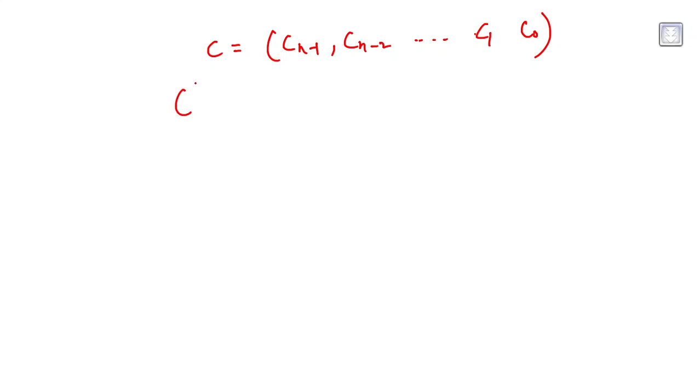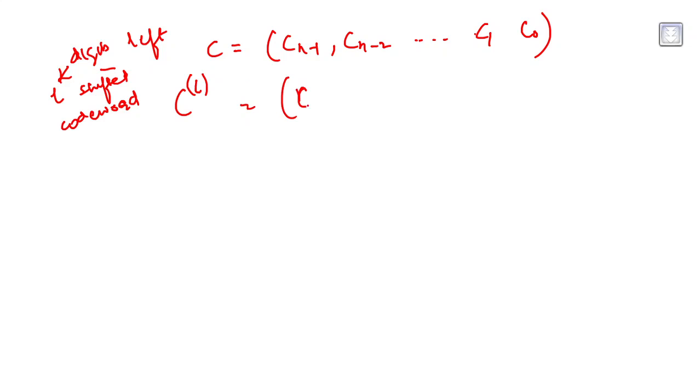If I represent a code word shifted by i digits towards the left, it is c of n minus 1 minus i, c of n minus 2 minus i, and so on, c1, c0, and then c of n minus 1 and so on, c of n minus i.